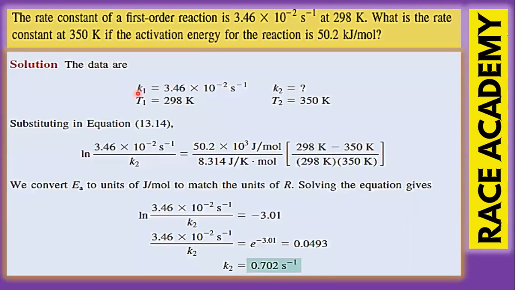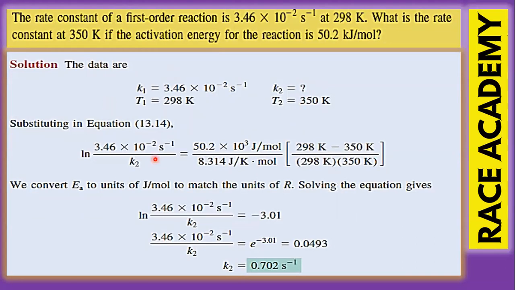So the logarithmic form of the Arrhenius expression, if you write that, if you substitute K1, K2 values, K1 is 3.46 at the temperature T1, 298 Kelvin. Another temperature will be 350, which is given in the problem. At that temperature we don't know the rate constant, that is considered as a question mark.